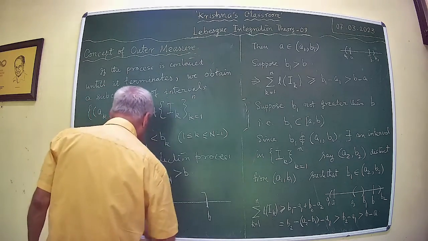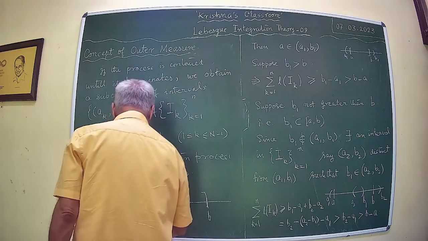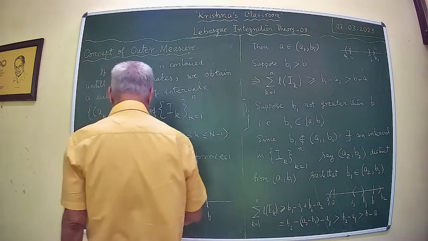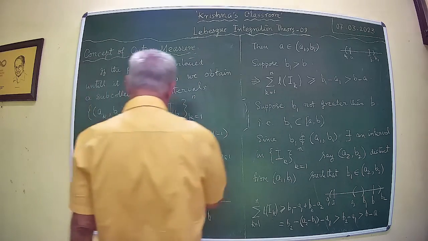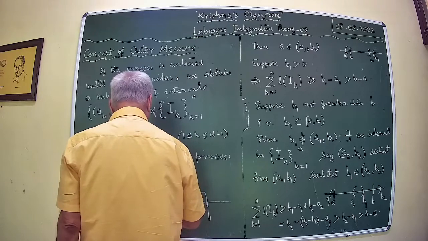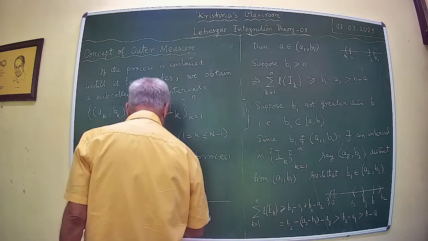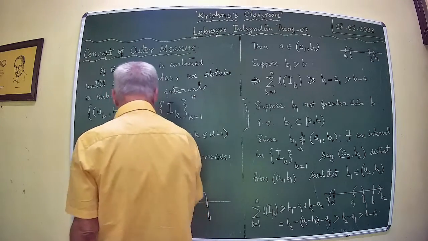It may not cover the whole thing. Then you choose an A3 inside A2, B2 such that B3 is larger. Suppose all the 3 do not cover.